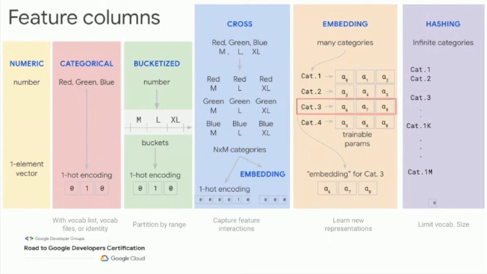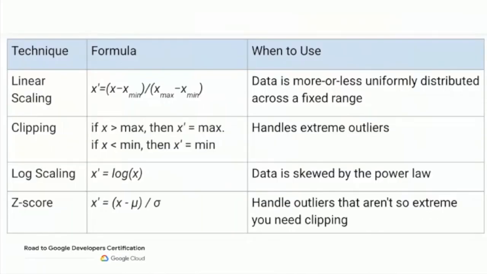So for the first one, we can work with vocabulary list and files or identity, bucket size, partition by range. For crossing, we can capture feature interactions because they're related. For embedding, it can learn new representations, and for hashing, we can limit the bucket size. And this is for categorization, and this is for numerical representations.